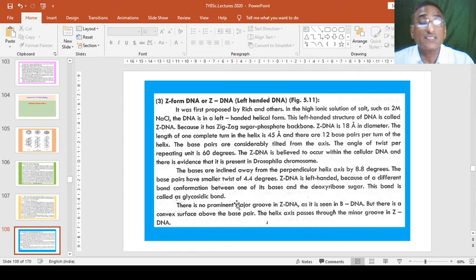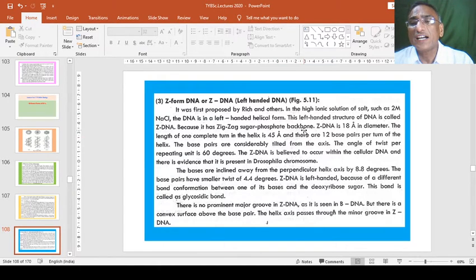Now we will see the third one, the Z form DNA, or generally called Z-DNA. As we have seen, these were right-handed coiled structures. Z-DNA is a left-handed DNA coiled structure, first proposed by Rich and others.